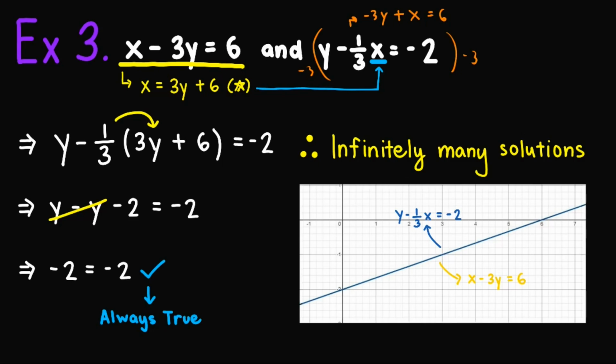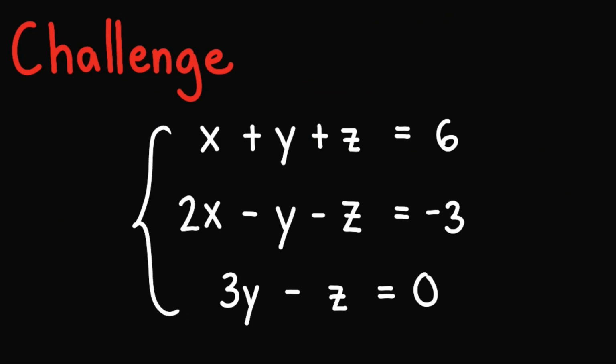To formally end this, here's a challenge that I present to you. Although we only focused on systems of linear equations in 2 variables, this time we have 3 variables here. But with a simple trick and simple observation, you can make this one just like a system of linear equations in 2 variables.